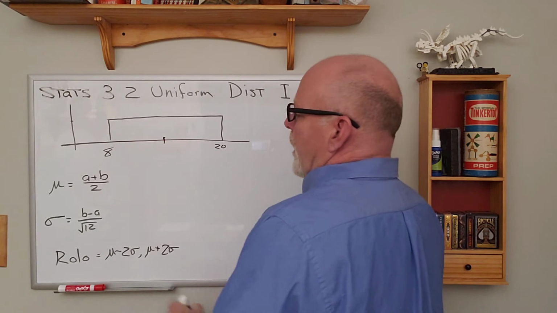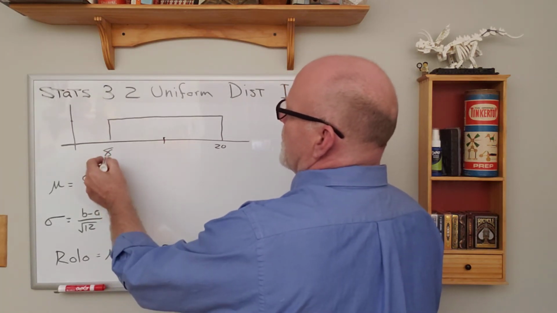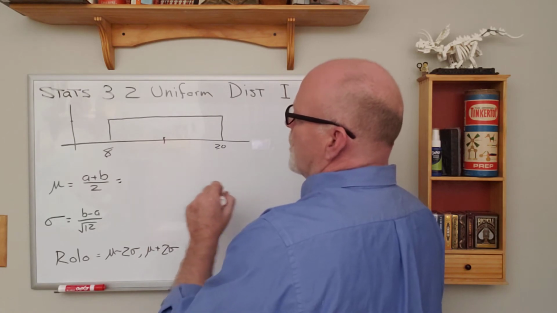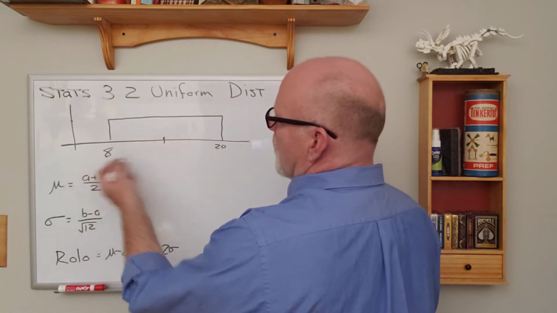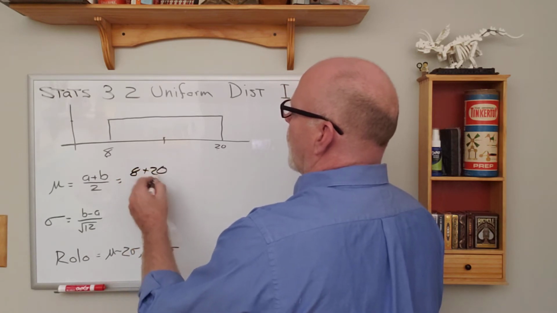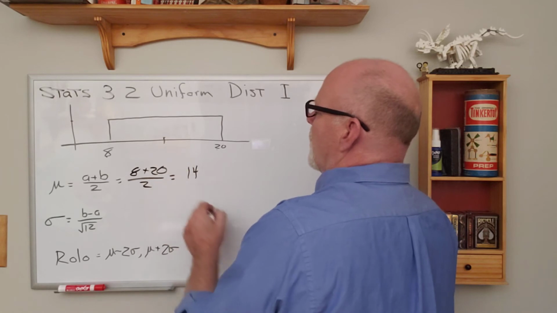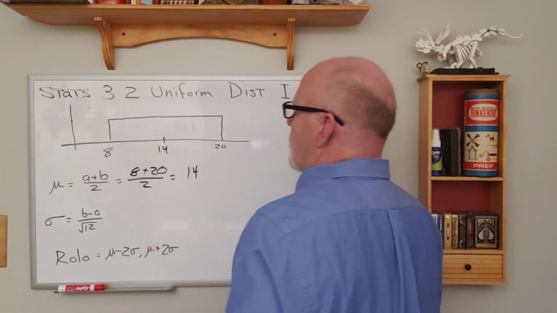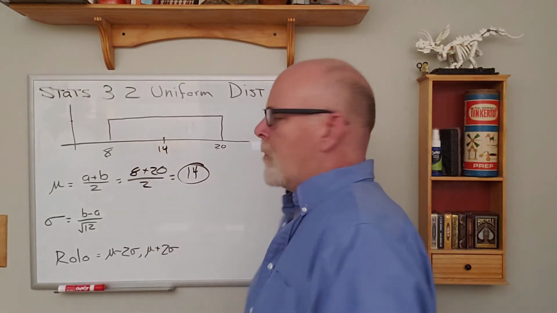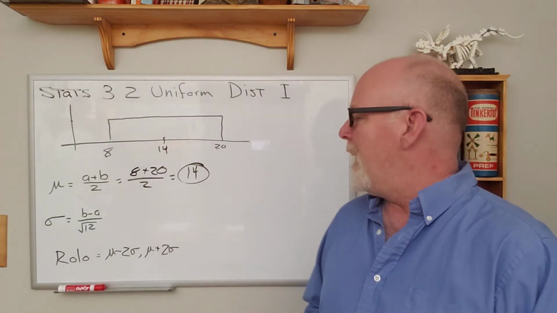And mathematically, the way you find that is just to average the two endpoints. So if this is A and this is B, right, uniformly distributed from A to B, you just add them together, divide by 2, and we get what, 14? That's 6 away from each end. All there is to it, just averaging numbers. Not going to bother doing a second example of that.